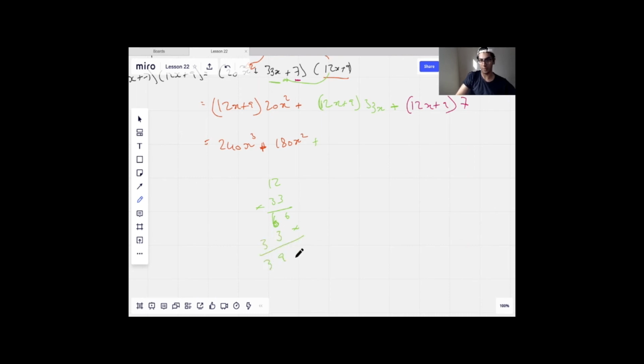So 396x. And then 9 times 33. Again, a bit of cross multiplication never hurts, so just check. 9 times 3 is 27, carry the 3. 9 times 3 is 27, so 30. So 297, I guess.